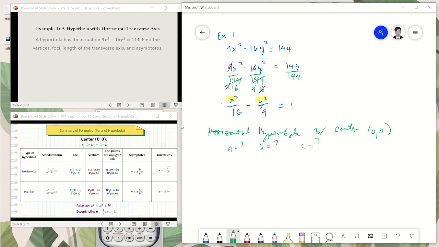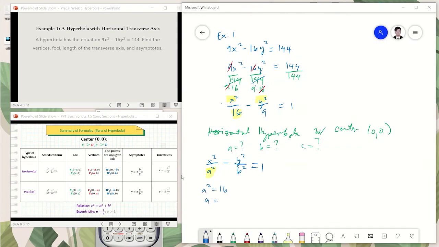Okay, now since we know that it's a horizontal hyperbola, we follow this form. Again, it's from here. We can conclude now that 16 is equal to our a squared.